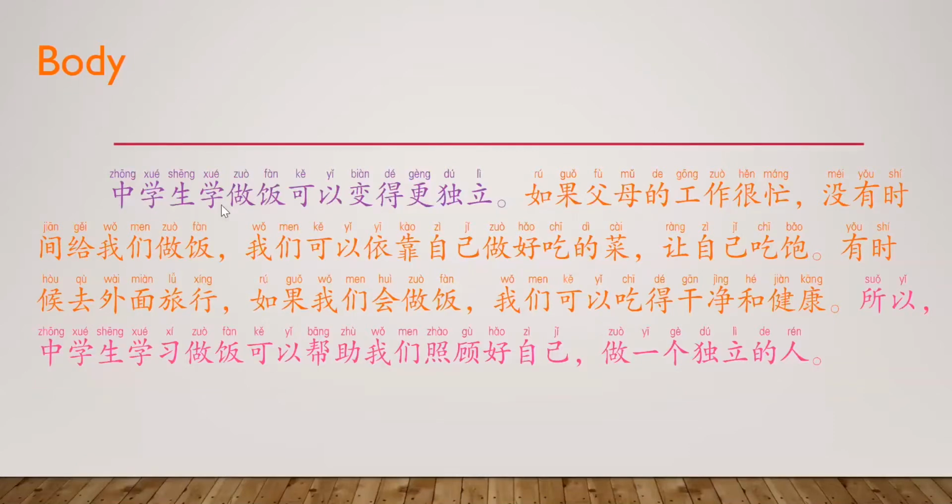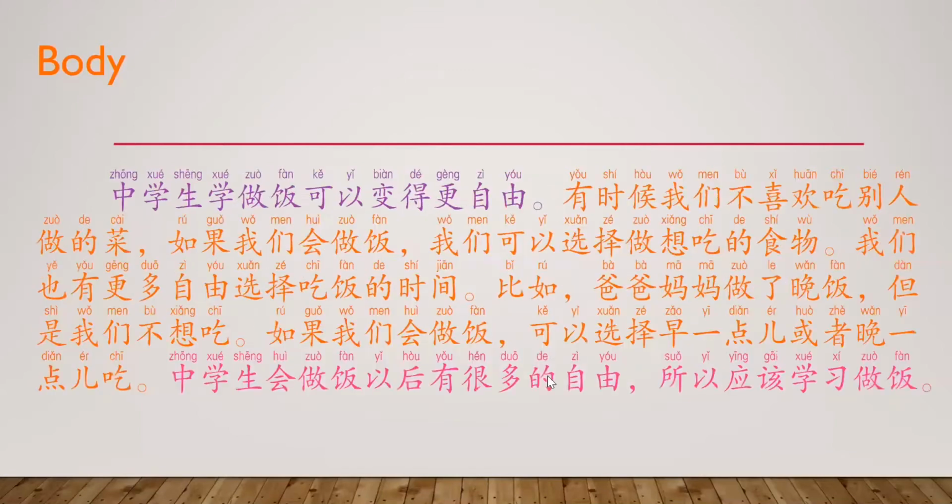So you start with 2 character indent, and then the main argument, the first argument, and then the supporting sentences in orange, and the concluding sentence in pink. Okay, this is the second argument. Okay, so the second topic sentence, and then supporting sentences, and lastly, the concluding sentence.